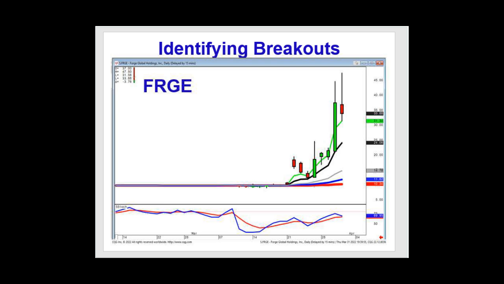Now, the first thing that we do, or I do anyways, or everybody should do, is if there's a gap up or a breakout, go to your news and see if there's any news that warranted that price move. And as we go through this, I'll show you the ones that warrant the price move and ones that don't warrant the price move.